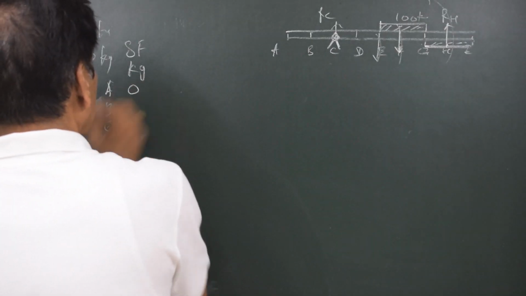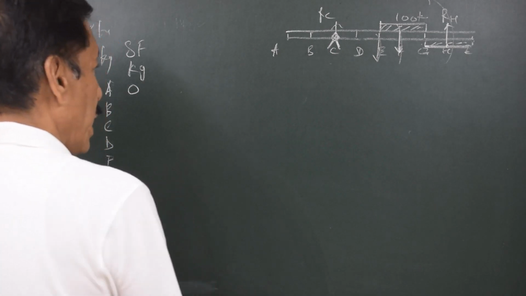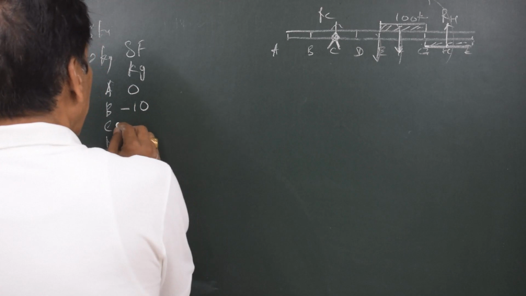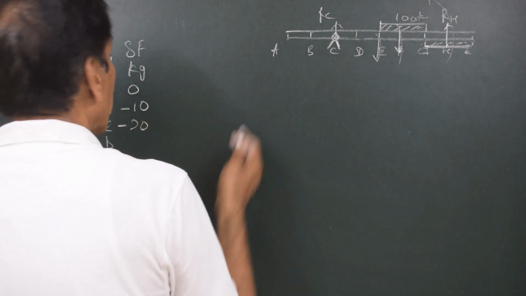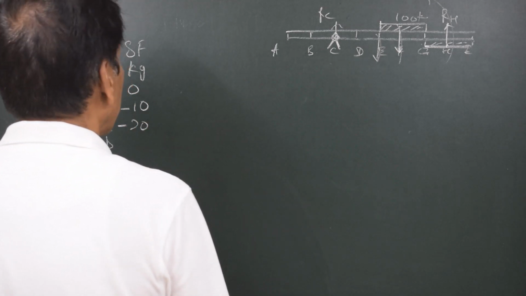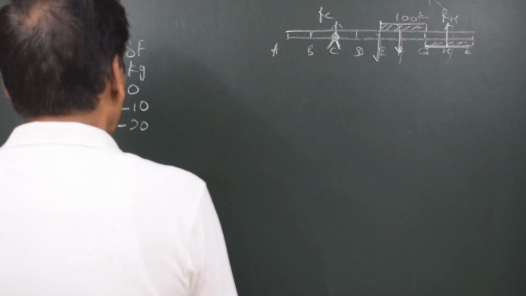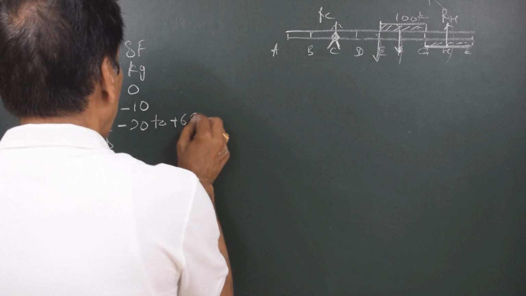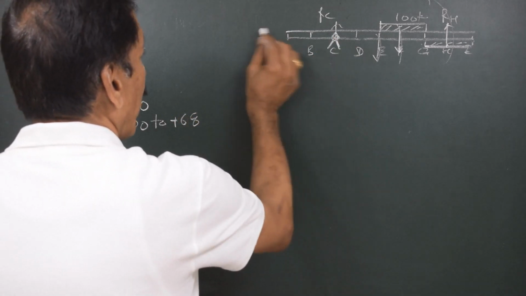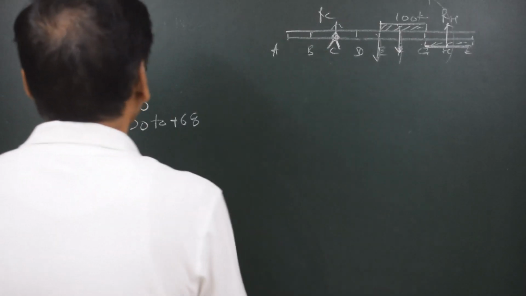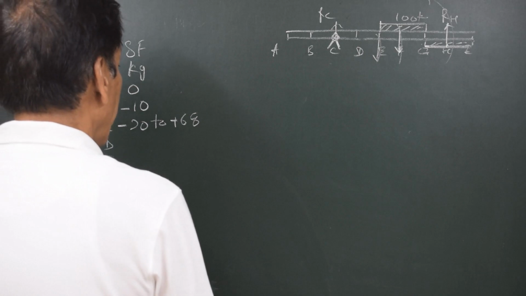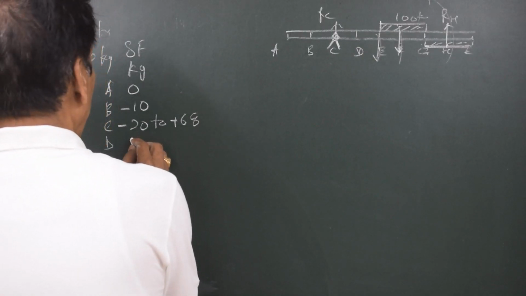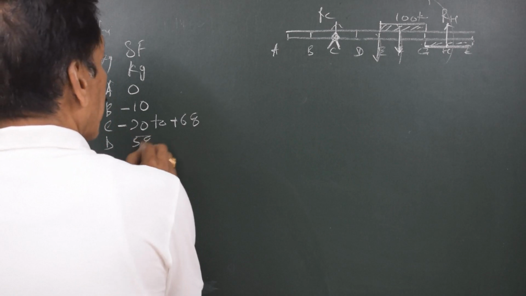Left of A there is nothing, so SF at A is 0. B will be minus 10. C will be minus 22. There is a transition because at C the reaction is 88. So minus 22 plus 88 it will be, because up to here is minus 20 and suddenly there is an addition of 88. So 88 minus 20 is 68, and at D it will be 58.